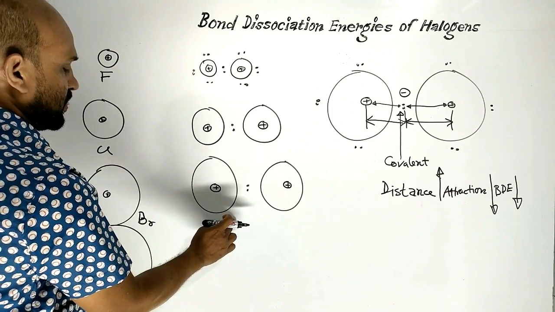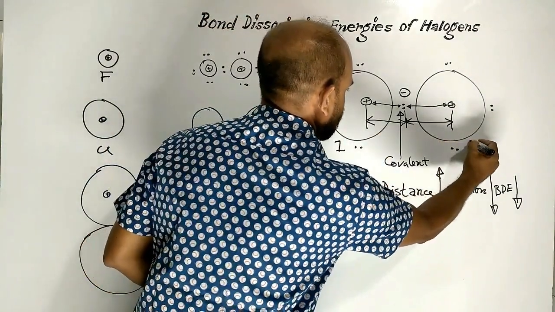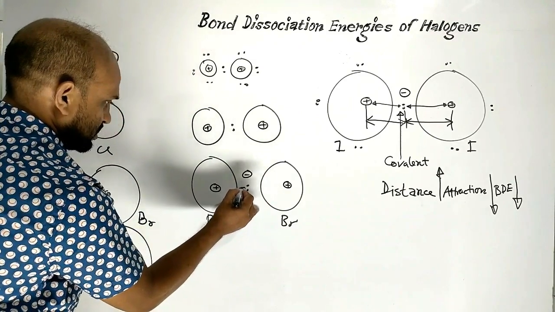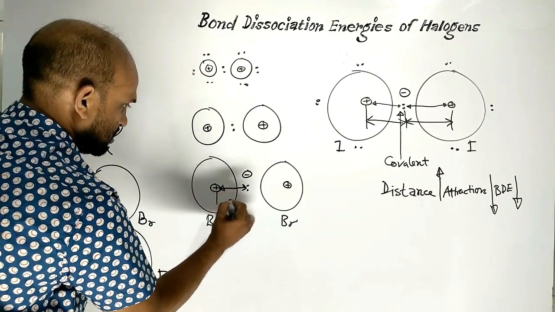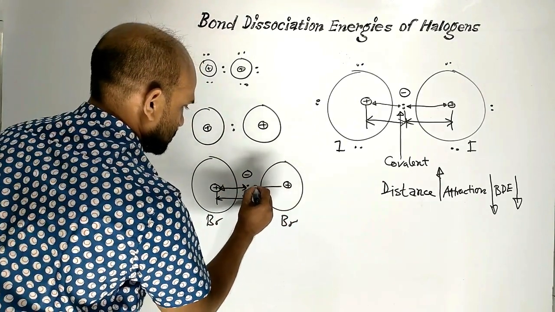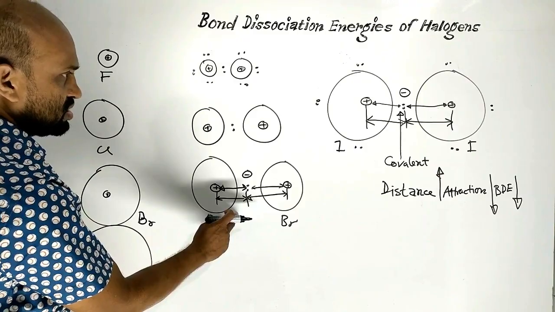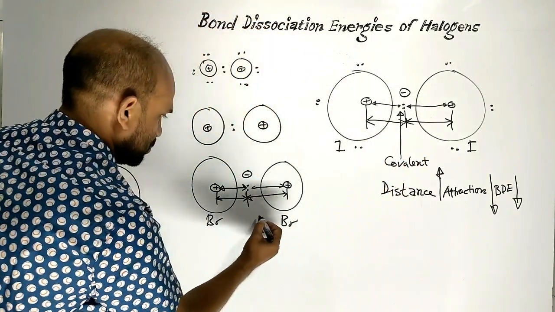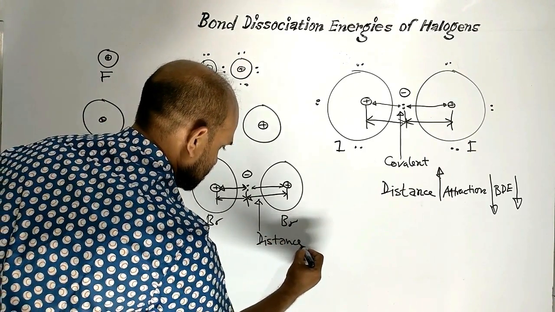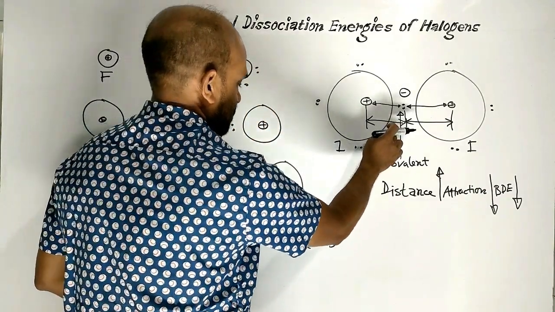In case of bromine, the distance between the nucleus and covalently bonded electrons is a bit lower compared to iodine. So here the distance is a bit less compared to the iodine molecule.